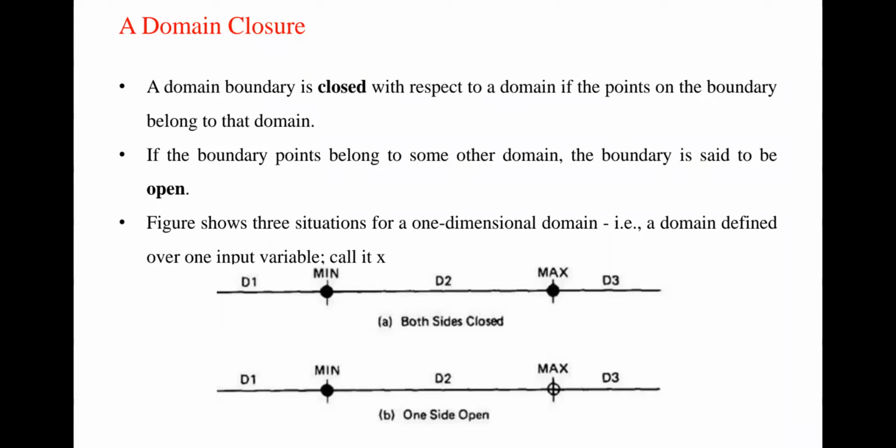If the boundary is closed, D1 does not interfere into D2, and D2 does not interfere into D1. If it is not closed, then interference, that is overlap, will occur.